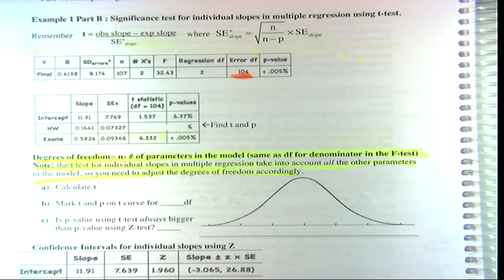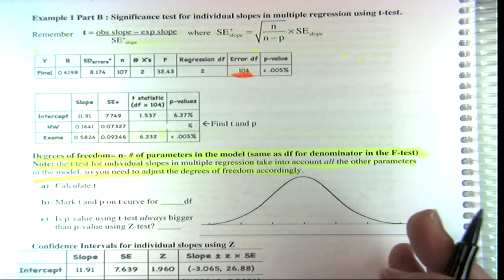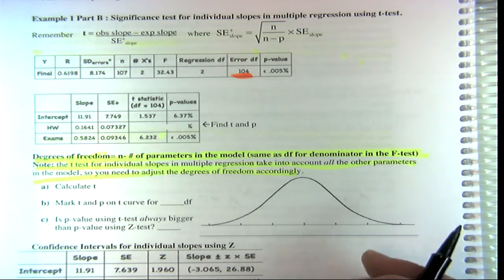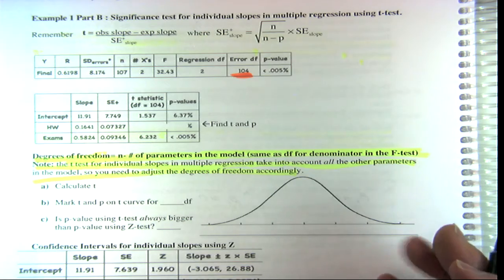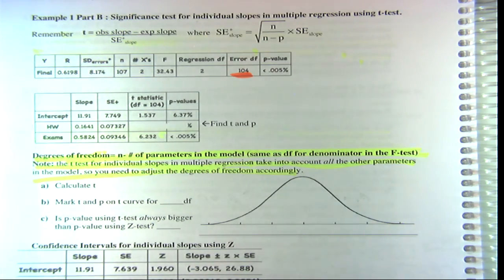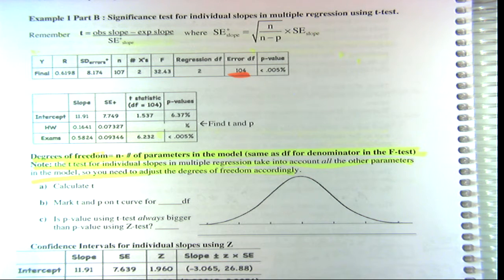Before, when we were just doing t-tests, remember we had n minus 2, right? Now we're going to have what? N minus 3, because we have 2 more parameters. Does that make sense? And when you did a t-test on the mean, it was just n minus 1, because there's 1 parameter.